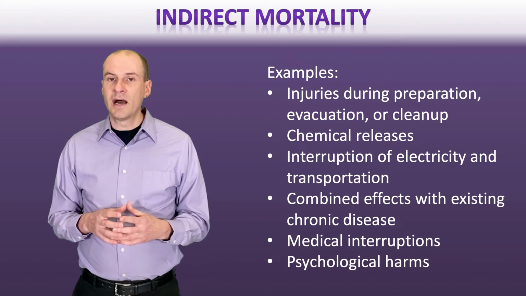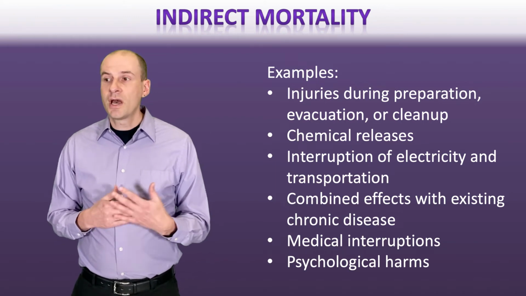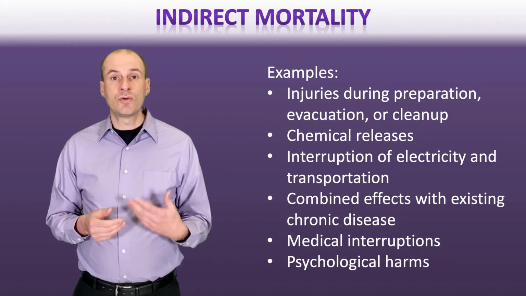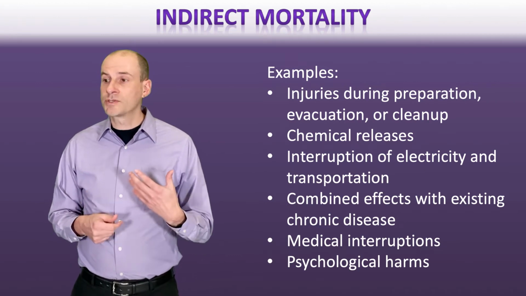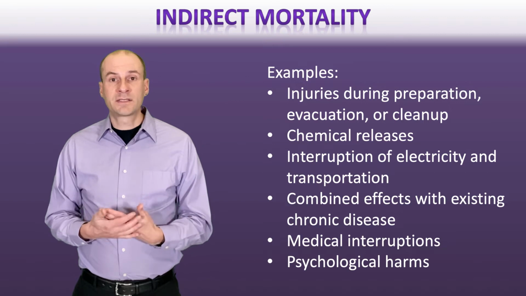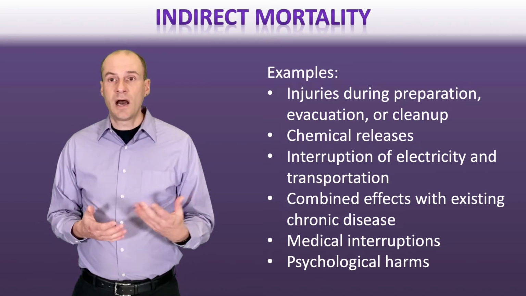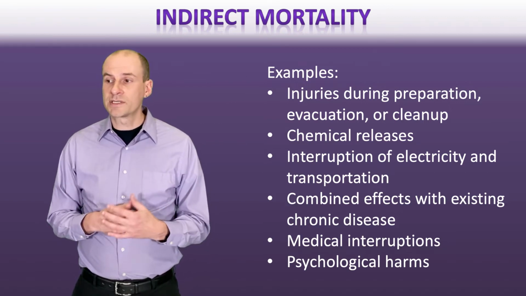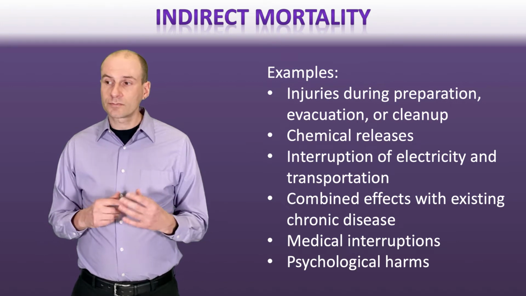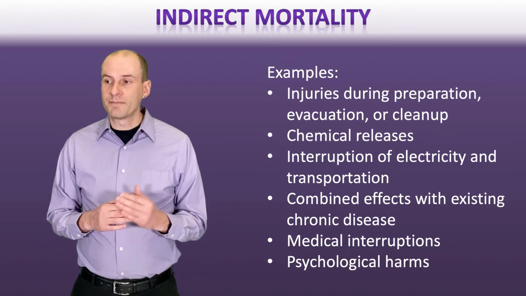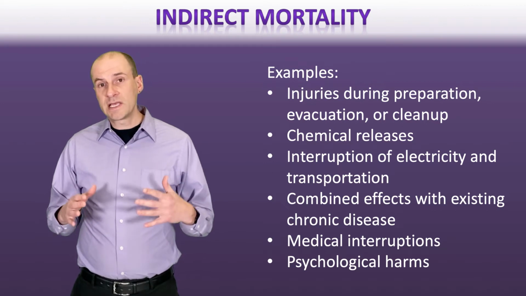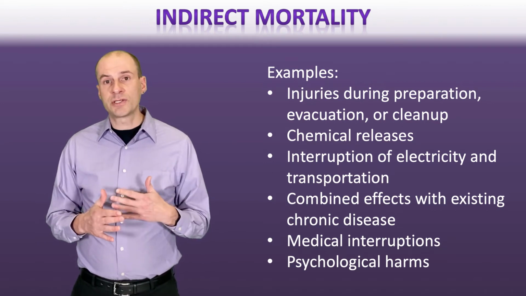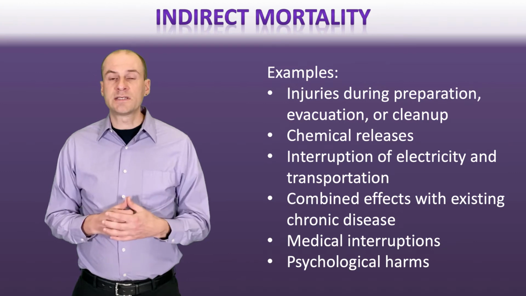We also see, in terms of transportation, if you can't get to medical care fast enough, there could be harms, or not being able to access different needed resources is a concern for mortality. You also see, in terms of the indirect effects, these combinations with existing chronic diseases.